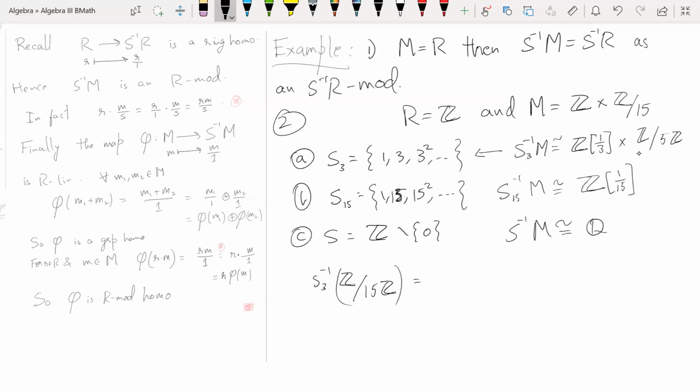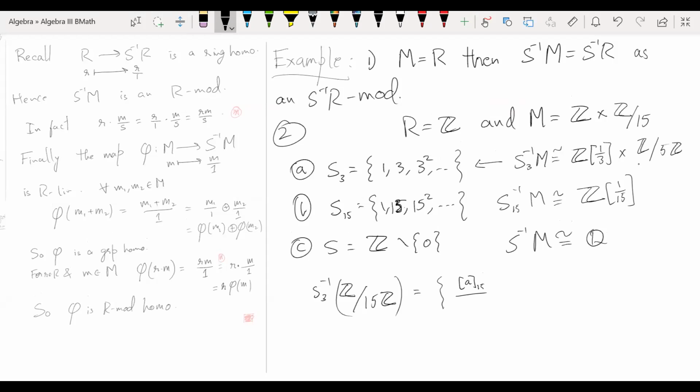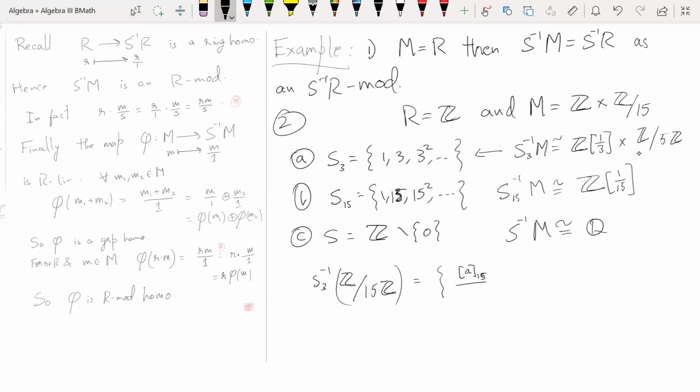So let's just write it down. Class of A over 3 power n, in the denominator we can put 1, 3, 3 squared or whatever.